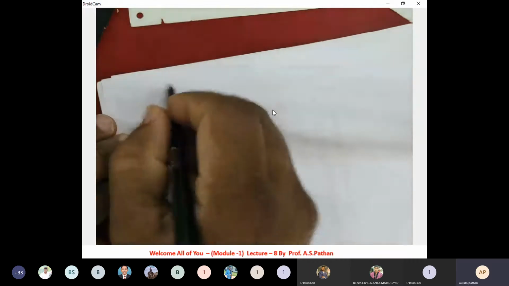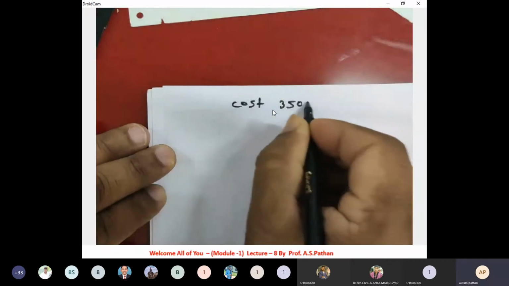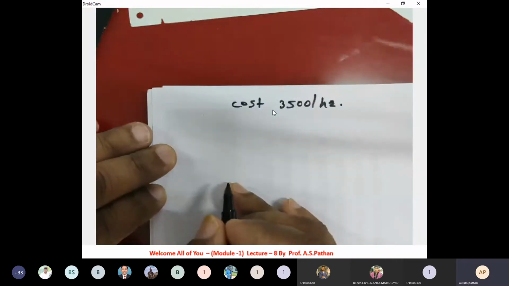Then we have to calculate the cost. The cost is given as 3,500 per hour. Then we have to calculate the cost of excavation per meter cube.